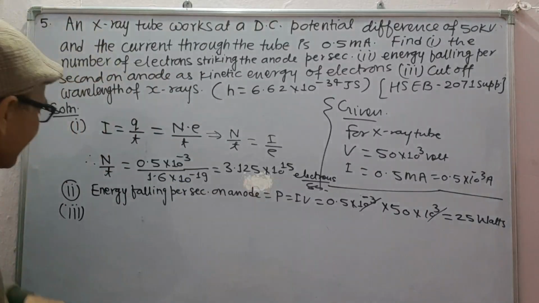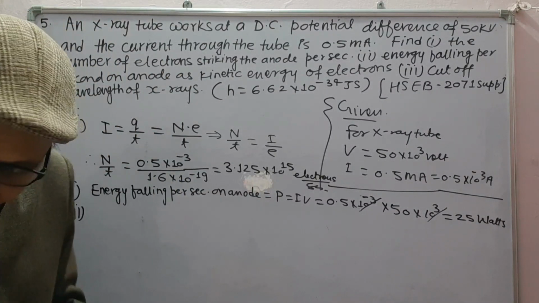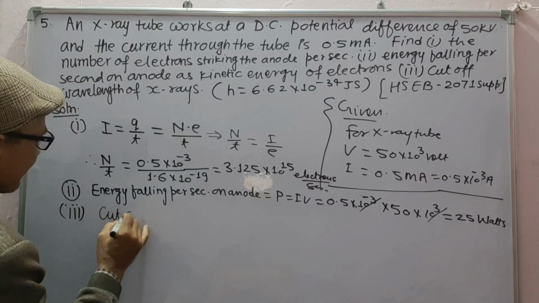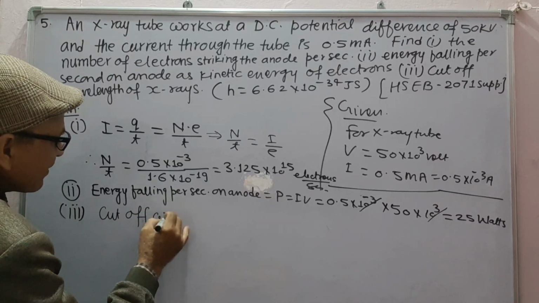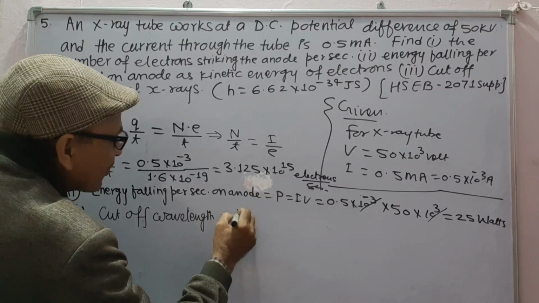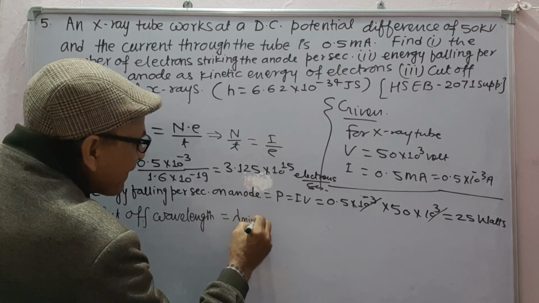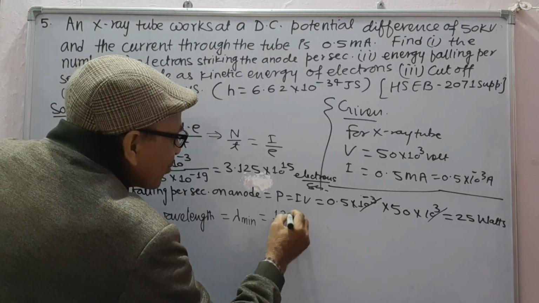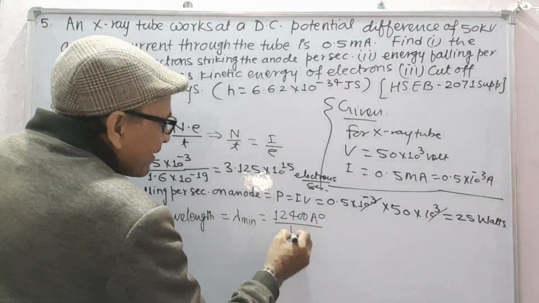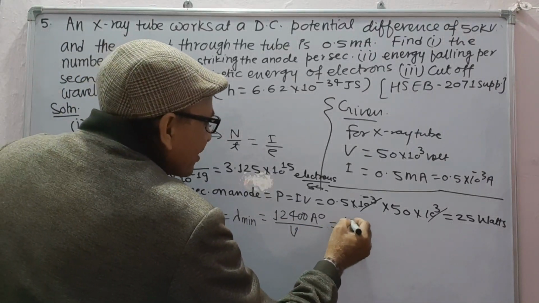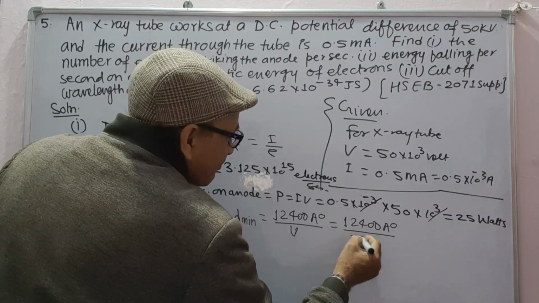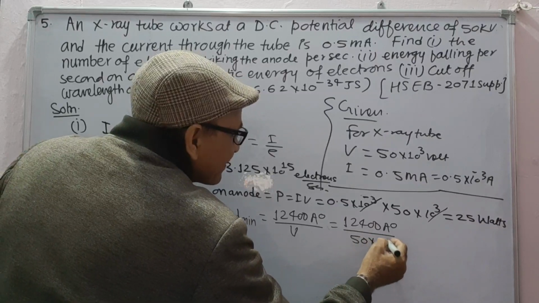Now third part is cutoff wavelength. Cutoff wavelength will be equal to lambda minimum, which is 12,400 angstrom divided by B. B is 50 into 10 to power 3. So 12,400 angstrom divided by 50 into 10 to power 3.